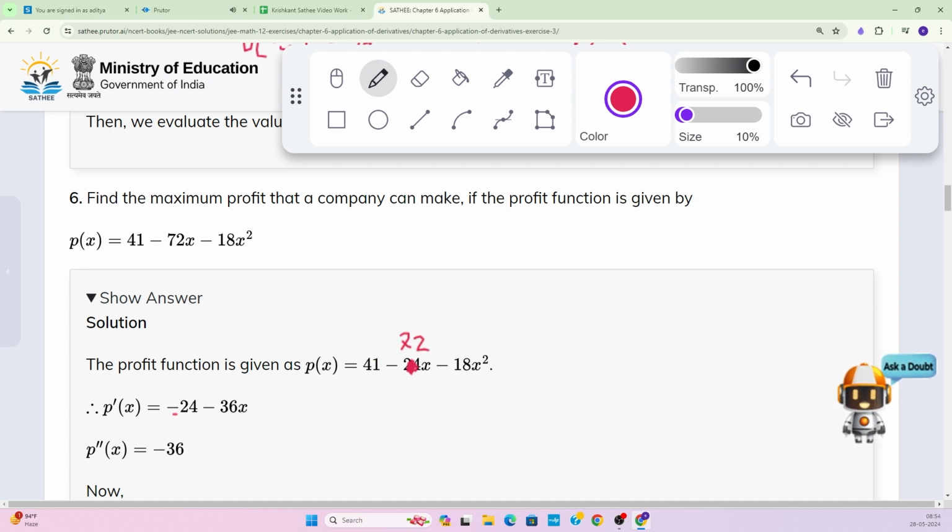So the derivative is minus 72 minus 36x. Now put it equal to 0. You will get x = minus 72 divided by 36, and this will be just minus 2.